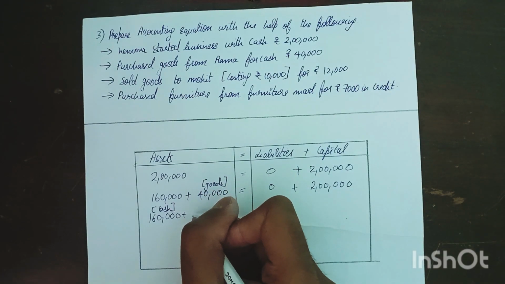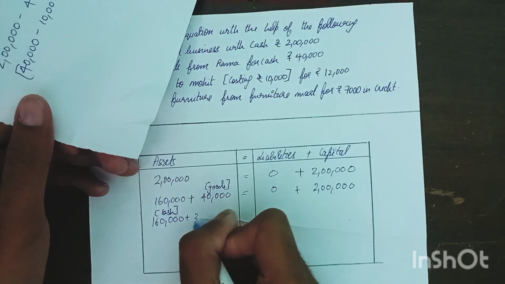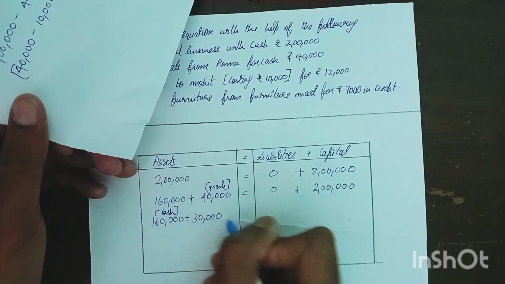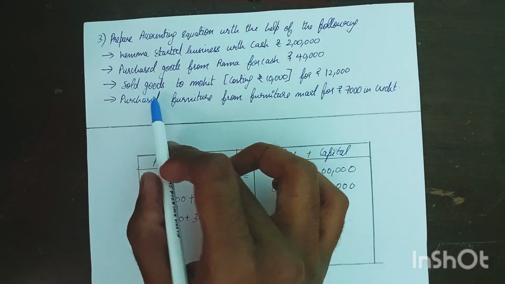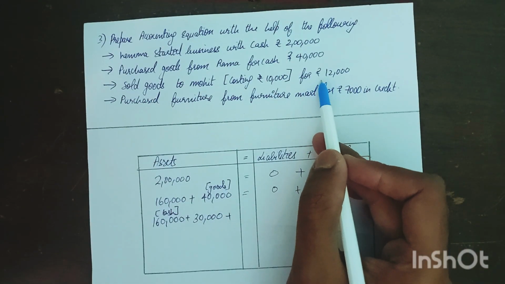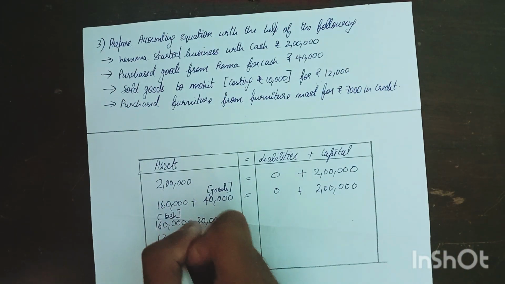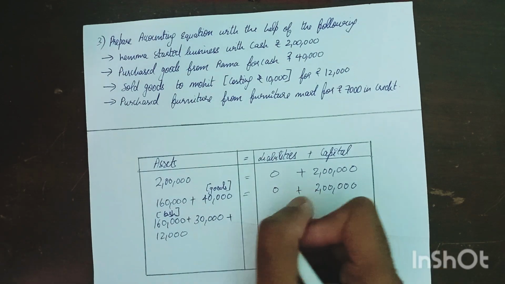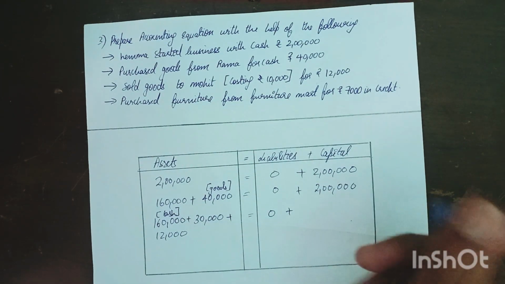Okay, so we'll write 30,000, and we'll add the amount that he sold it to Mohit. He sold it for 12,000. We'll write here 12,000 is equal to 0 plus what will come here.